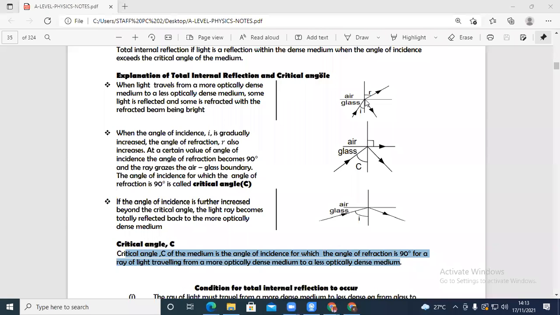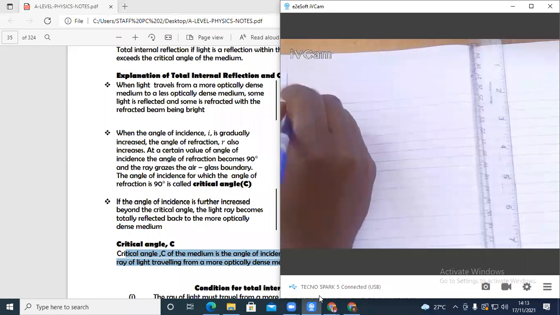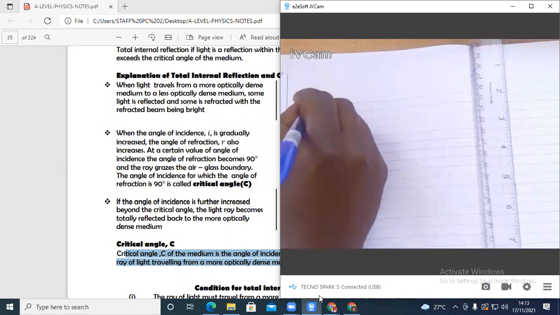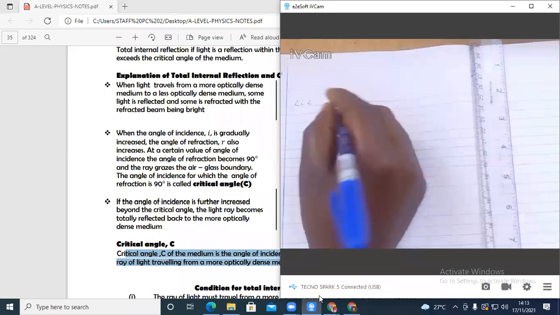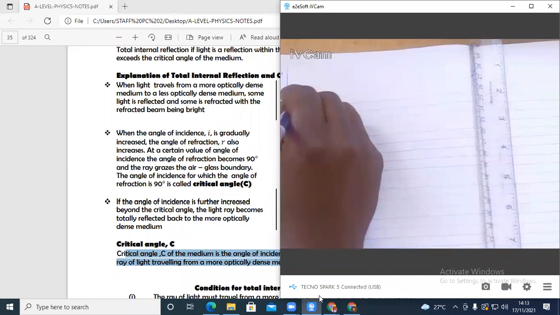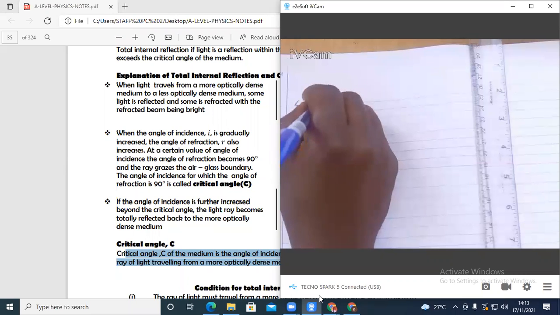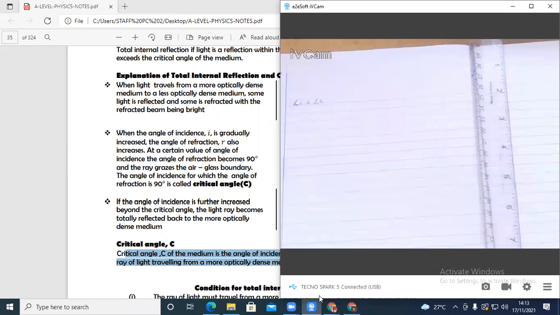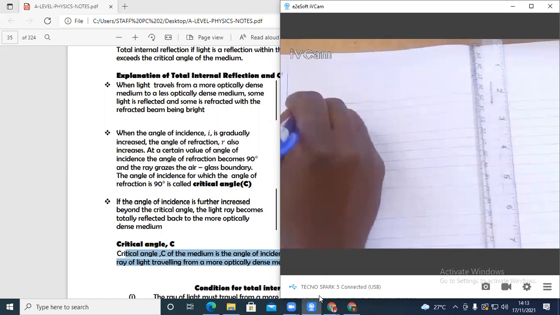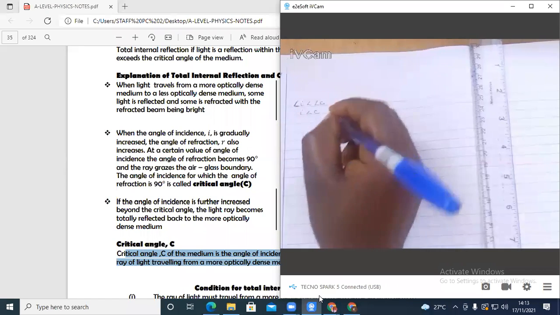So you can summarize that somewhere. If you're trying to write a summary of what we have just said, you can say that when the angle I is less than the angle C, two things will happen.